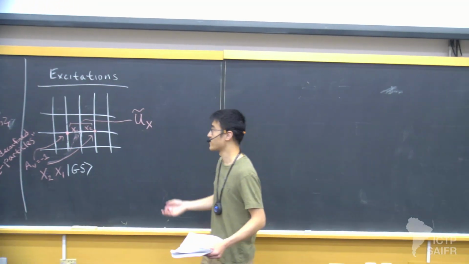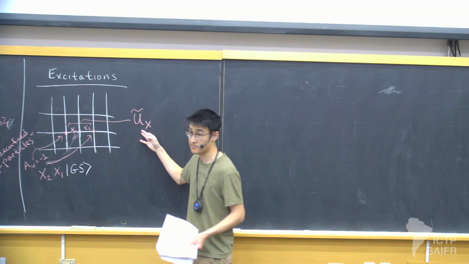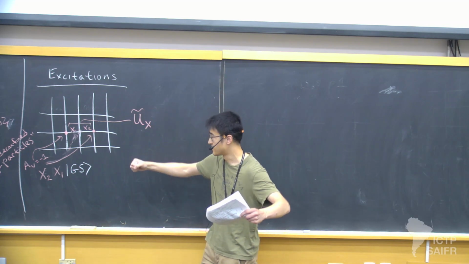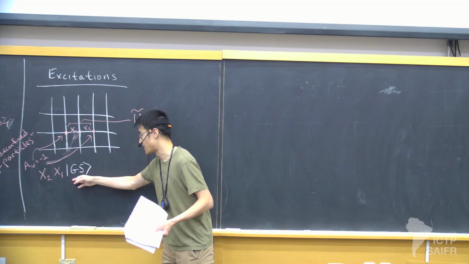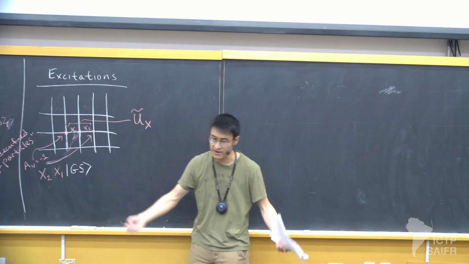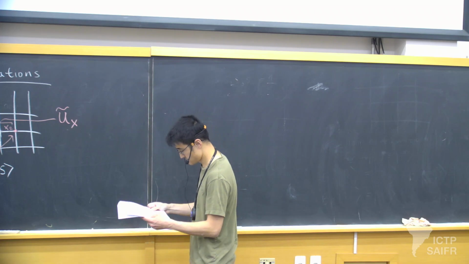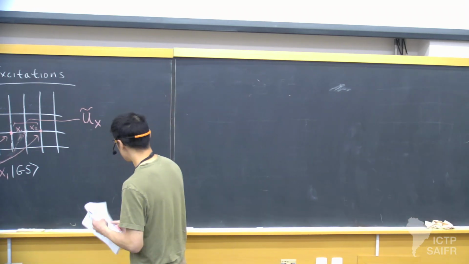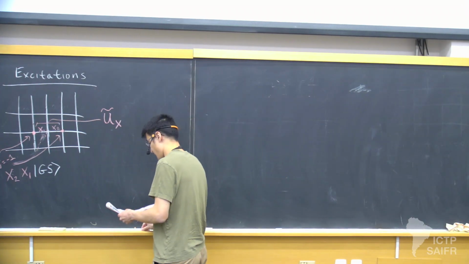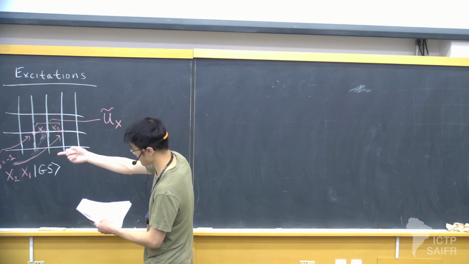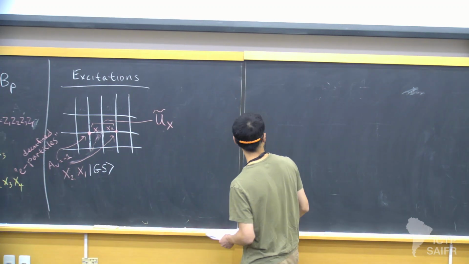Okay, so the summary here is that I can use a string of X operators, this U_X tilde operator, to hit the ground state, and then I create pairs of excitations at the endpoints. And I could do the same thing for the B's, right?